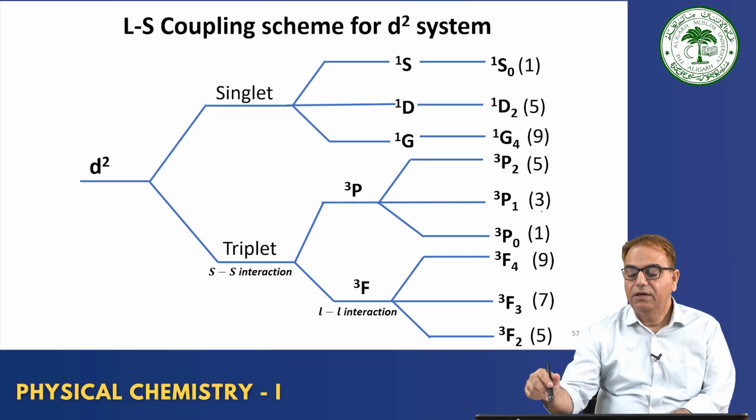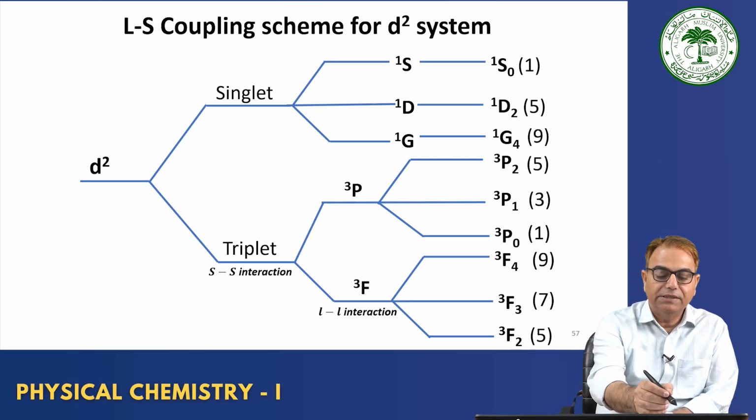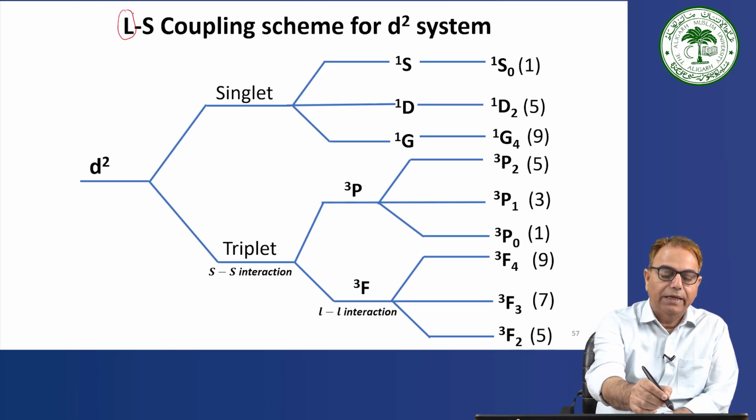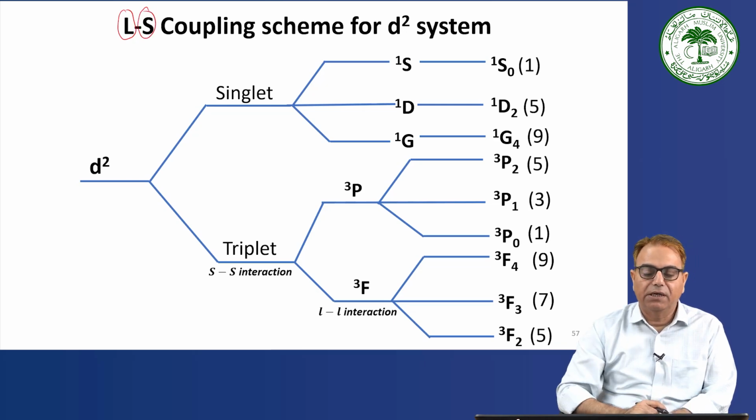So 45 microstates are accounted for in a d2 configuration by different spectroscopic terms. And all this concept arises because of L and S, the orbital angular momentum and spin angular momentum. Okay.